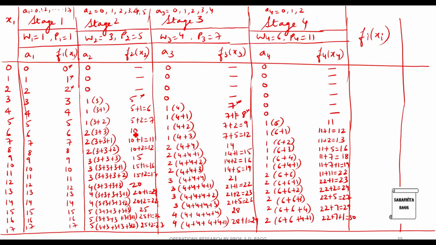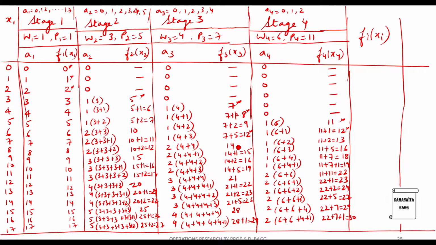Then you have 6, 10, 9 and 11. So the highest value is 11. Then you have 7, 11, 12, 12. So the highest value is 12. Then you have 8, 12, 14, 13.